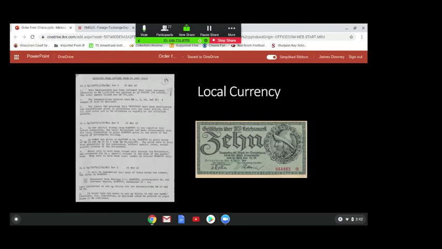They ran afoul of the military government because they changed the legend here, which said that it was issued by the authority of the Interior Ministry of Württemberg, to say that it was issued under the authority of the military government.